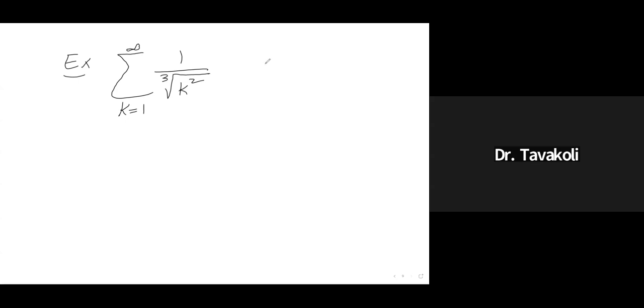First of all, this series is sigma of 1 over k to which power? Using basic algebra, it is k to the power of 2/3. So this is a p-series with p equal to what? 2/3. Is 2/3 more than 1 or less than 1?